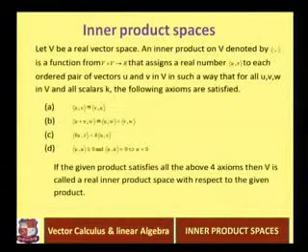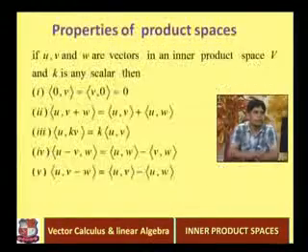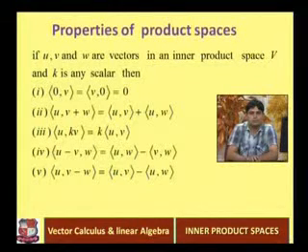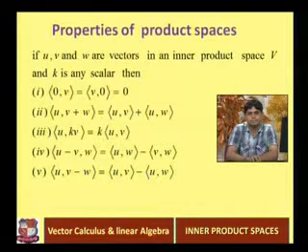So if the given function satisfies the four conditions, then we say that it is an inner product, and the space is an inner product space. Those are the axioms of inner product spaces.